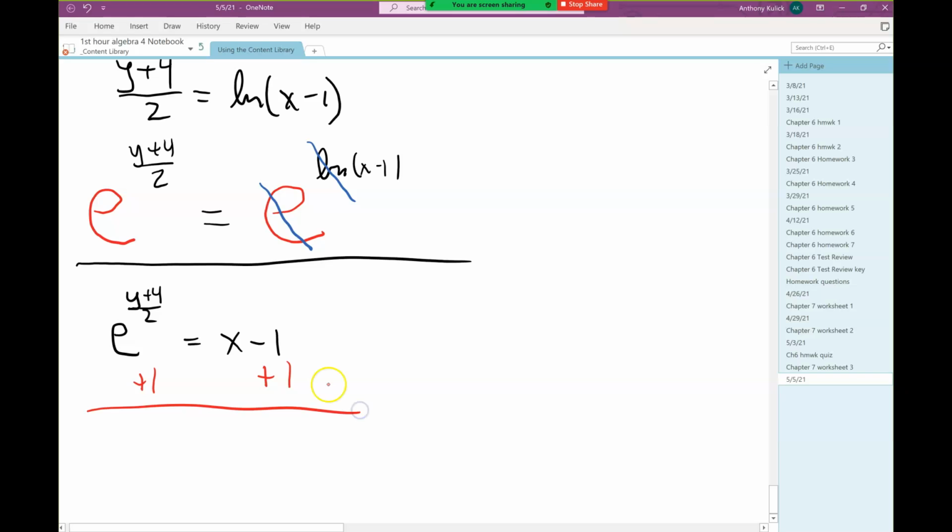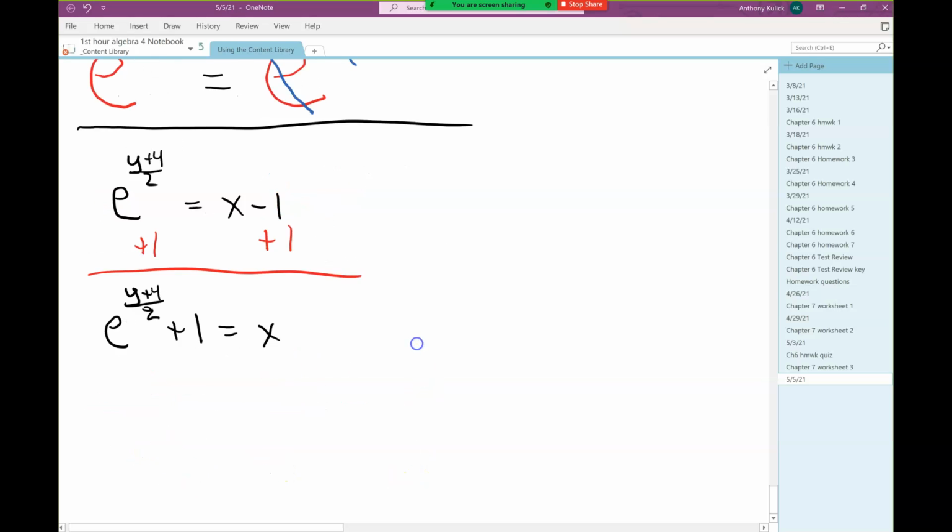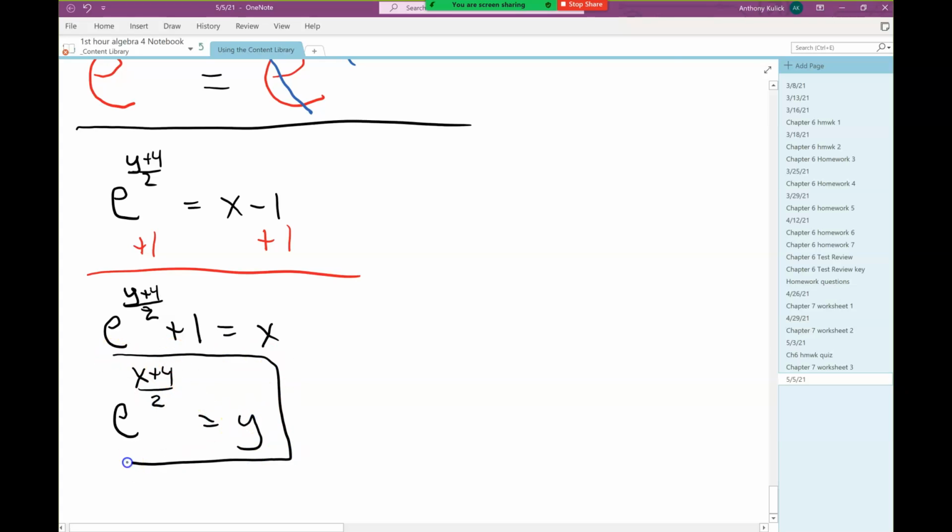And I can't add 1 to e to some power, so I'm just going to write it next to each other. And then we switch the x's and y's. And that's my final answer.